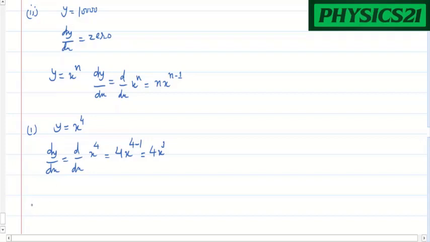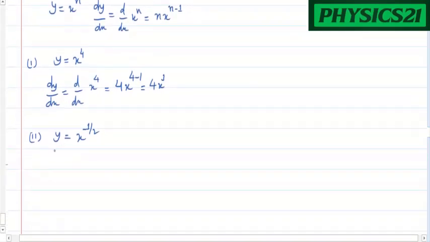Now the second example of our second common rule: we have to differentiate y is equal to x raised to minus 1 by 2. Next step, we write dy divided by dx, d divided by dx of x raised to minus 1 by 2.